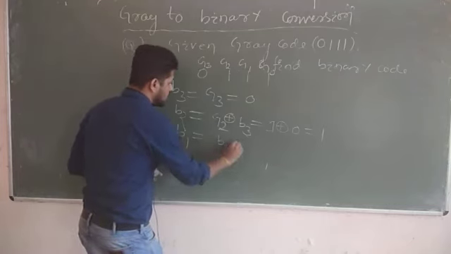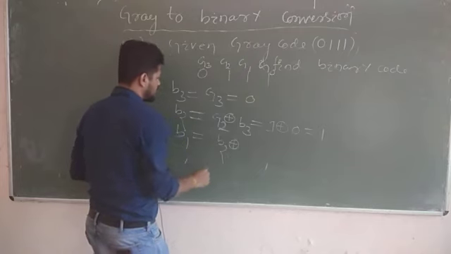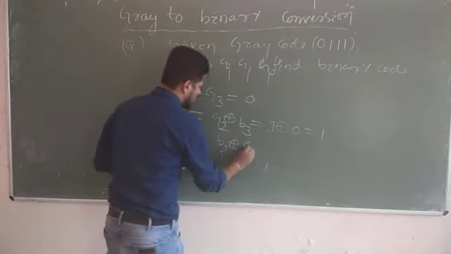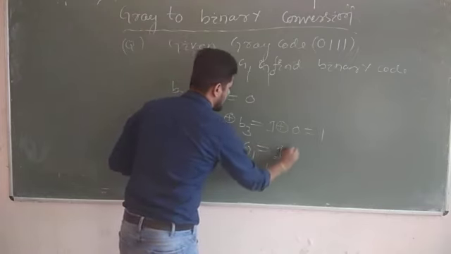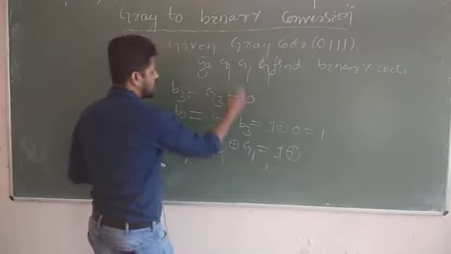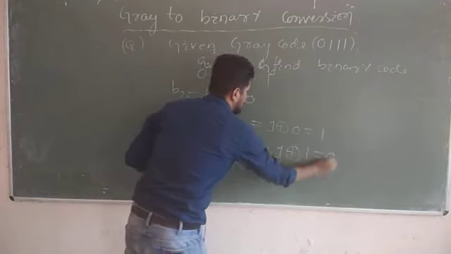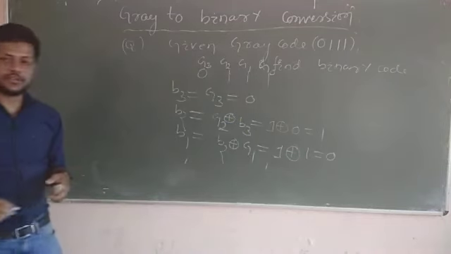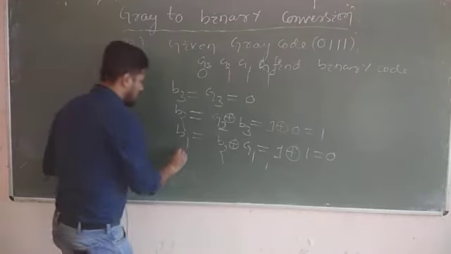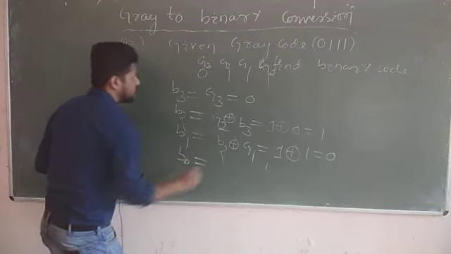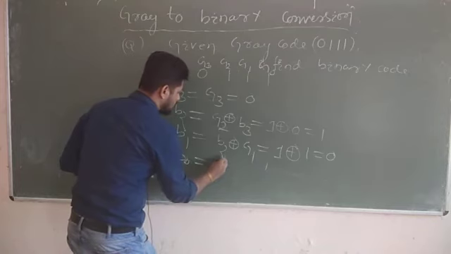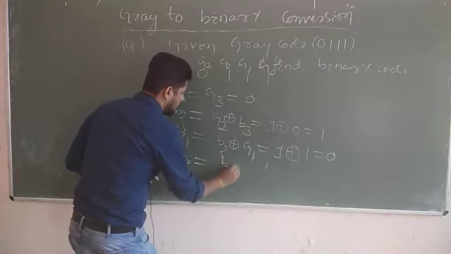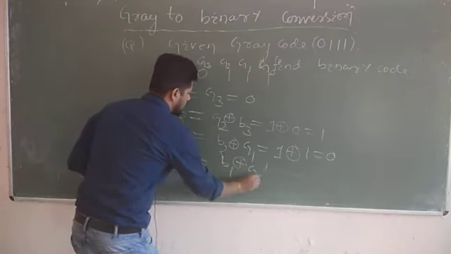Then we have B1, which is B2 XOR with G1. You have already found B2 as 1, XOR with G1 given as 1. So this is 1 XOR 1 equal to 0. Then B0 is B1 XOR G0.